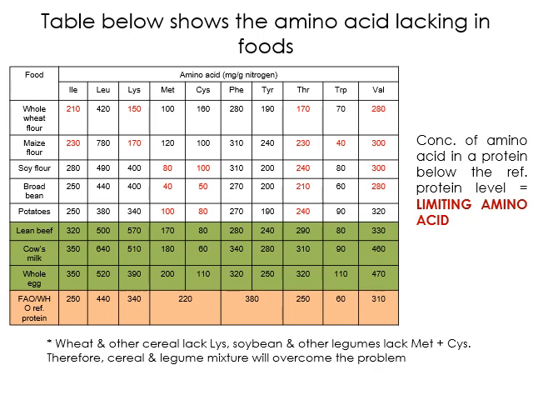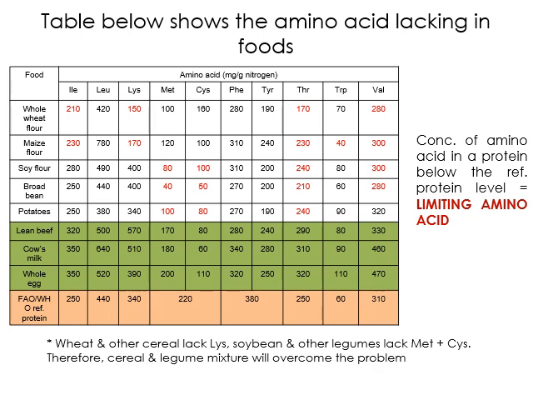So here, just to give you a chart of different food sources and their essential amino acid content. As you can see, animal proteins such as lean beef, cow's milk, and whole egg all contain the essential amino acids above the reference protein here, or at least on par. Okay.